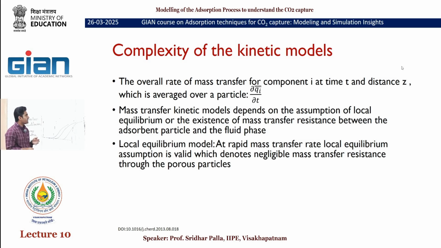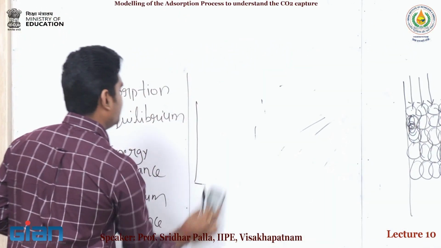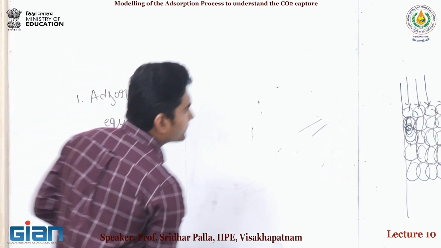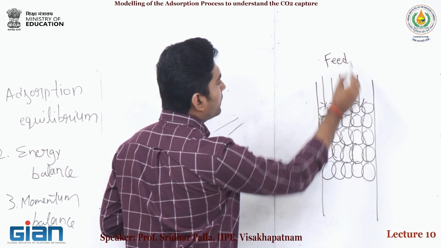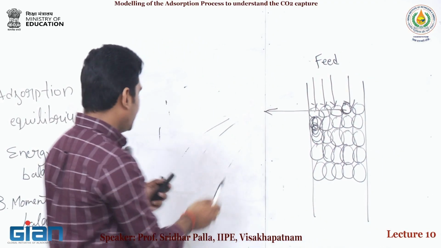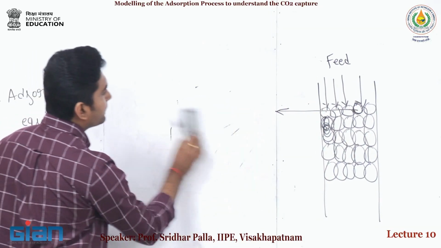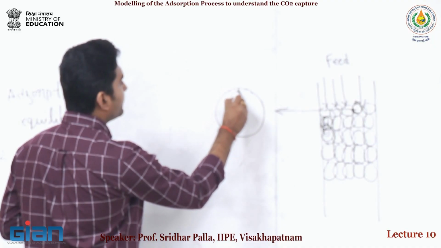At rapid mass transfer, when gas is entering with the feed, first it will touch the solid, the porous solid pellet, the pellet is like that, which contains the pores.